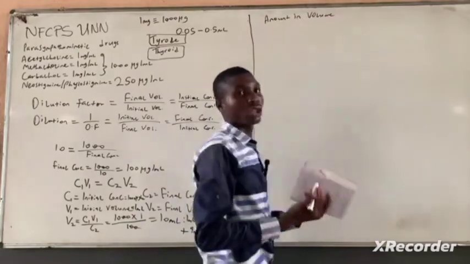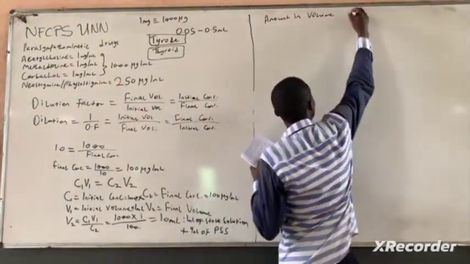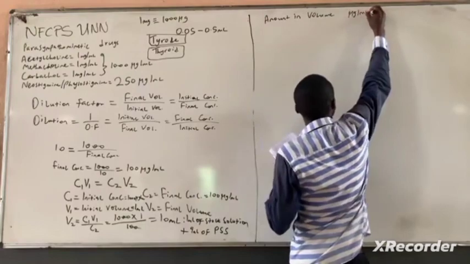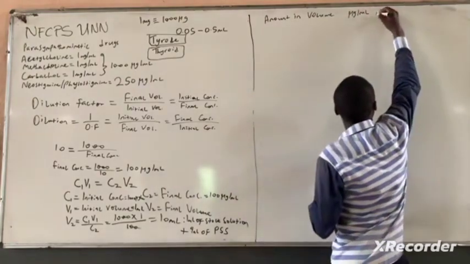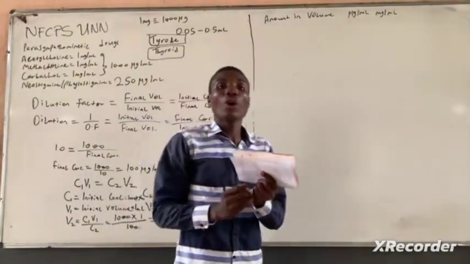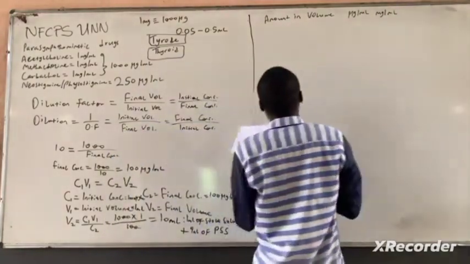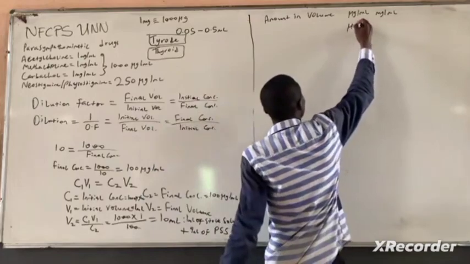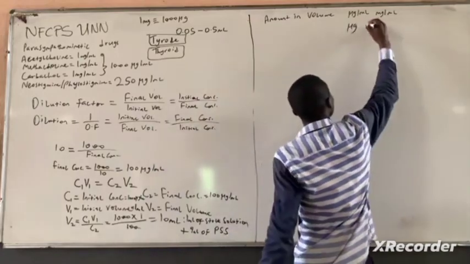So we have something like microgram per ml, that's concentration. We have something like milligram per ml, that's concentration. But when we talk about amount itself, we are talking about the amount of drug you are using. It could be either something microgram or something milligram.